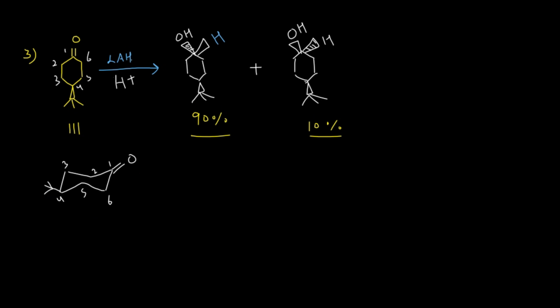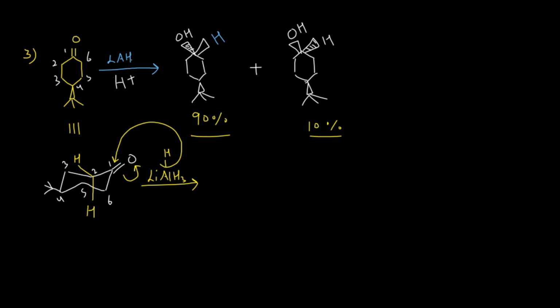So what will happen here, you see, this will attack onto this carbon. It is quite clear to you. Why is it happening here? You see, this hydrogen is the equatorial hydrogen present on carbon number 2, and this is the axial hydrogen which is going down.